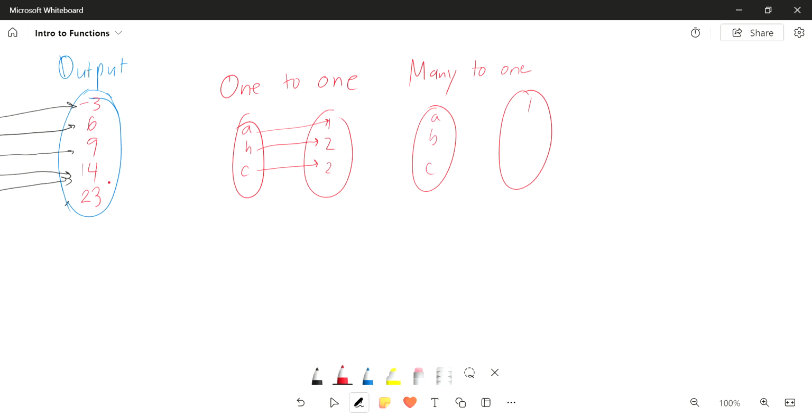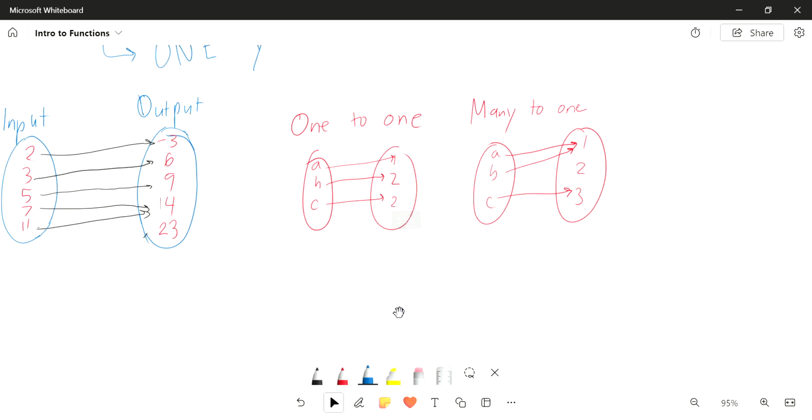So say for example, in something like this, both A and B can point to 1 and C might point to 3. That's still a function because A points to 1 and only 1, B points to 1 and only 1, C points to 3 and only 3.